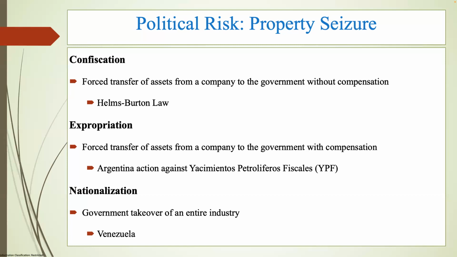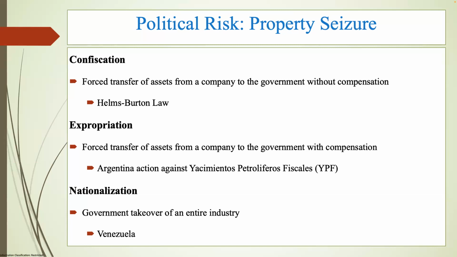Expropriation is the forced transfer of assets from a company to the government with compensation. Example, Argentina's action against YPF. Nationalization is the government taking over an entire industry, like Venezuela. And in the past, it happened in the 1970s in Pakistan as well.